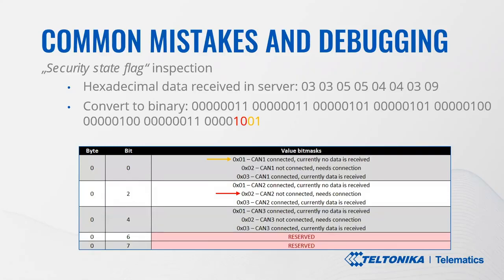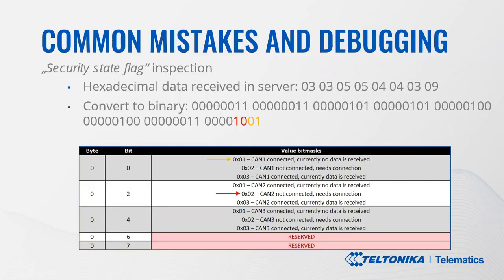You can have the 3 statuses with security flags. So basically, if you determine that you have 0, 1 in decimal, which means that CAN 1 is connected and currently no data is received, this usually refers that the required CAN line is connected correctly, but the data is not incoming. This may occur when there is no ignition or the CAN bus is in sleep mode.